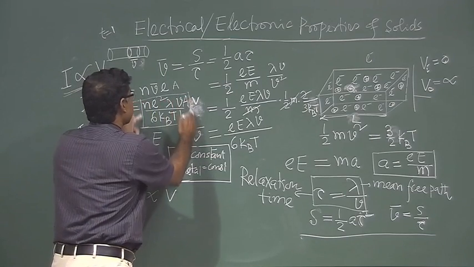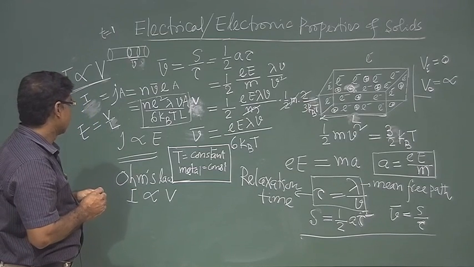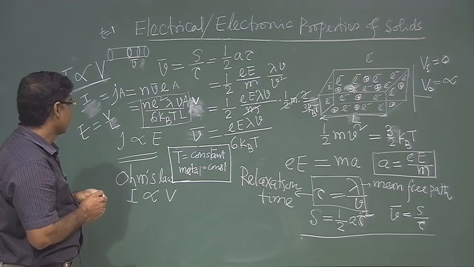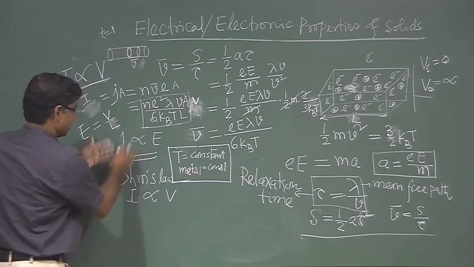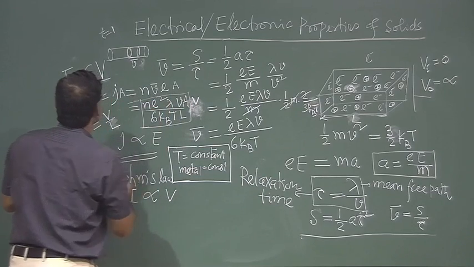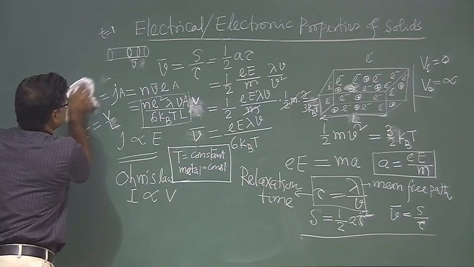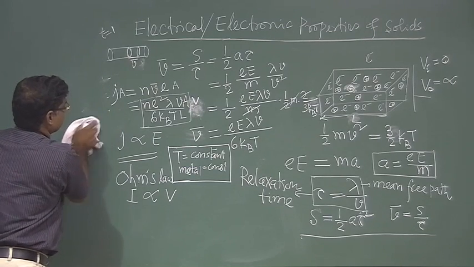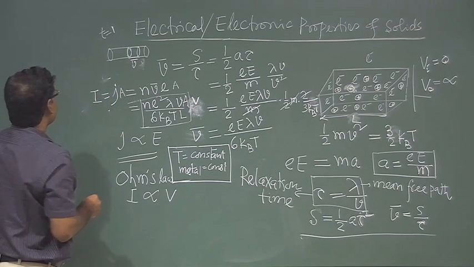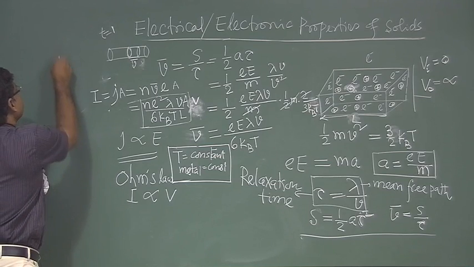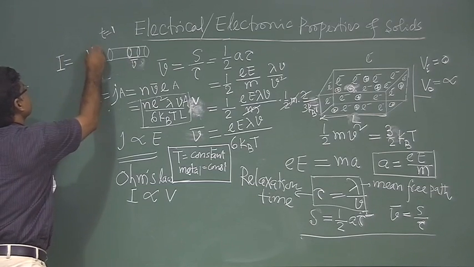This will be the proportionality constant, and it will be 1 by R. If I write this as some constant, I equal to V times some constant.